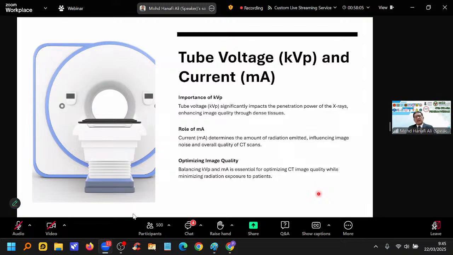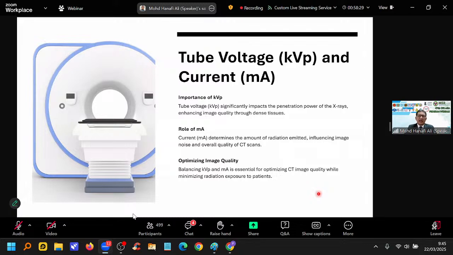For example, for pediatric we have to use a very low kVp, maybe 80 or 100. For a big or obese patient, we have to increase to 120 or 140. That's the kind of option that we have.